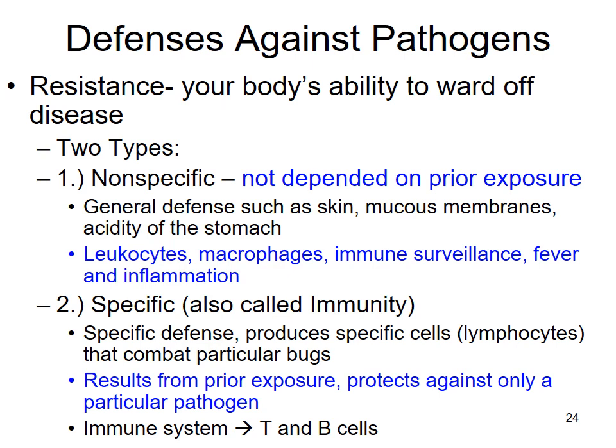And when you have a specific defense, you're always going to have to utilize your T cells and your B cells. Why? Well, because your T cells and your B cells are the cells that are able to become immunocompetent. Remember your thymus and your bone marrow?